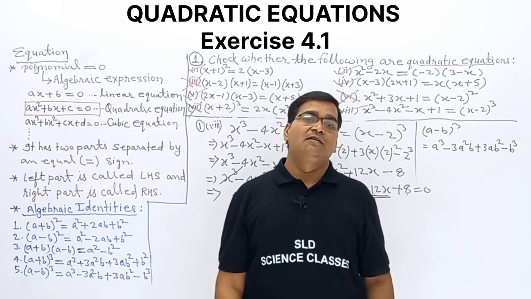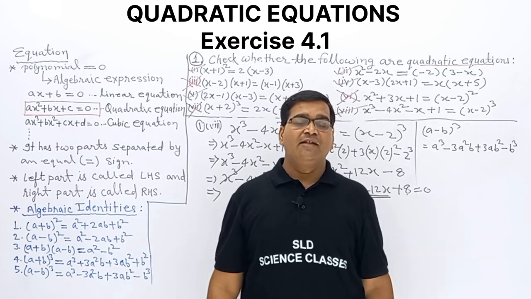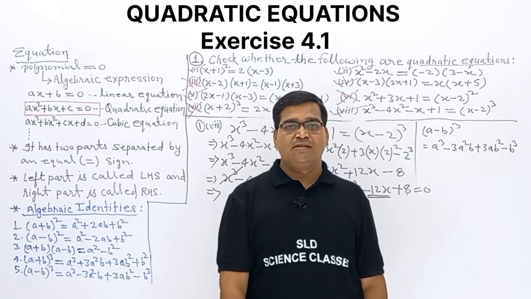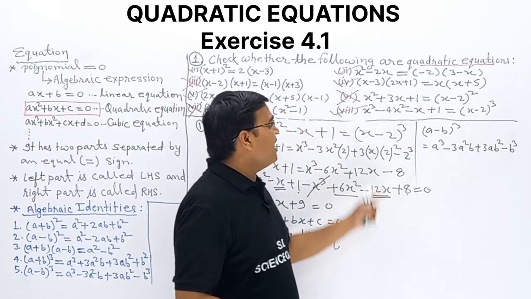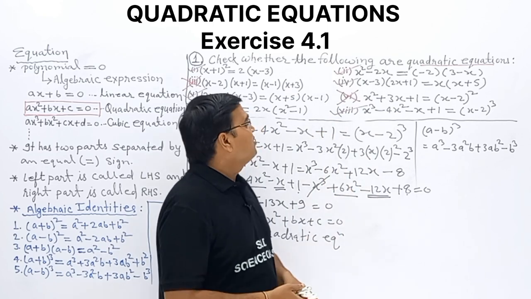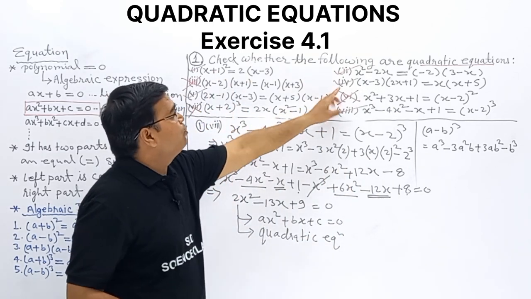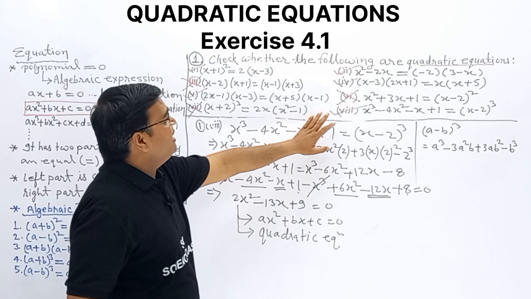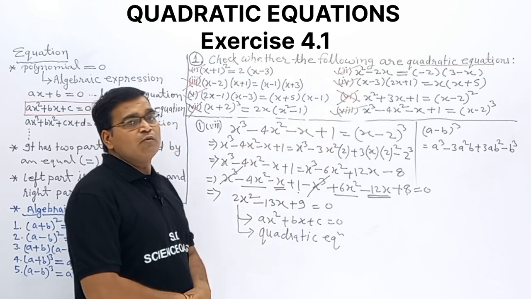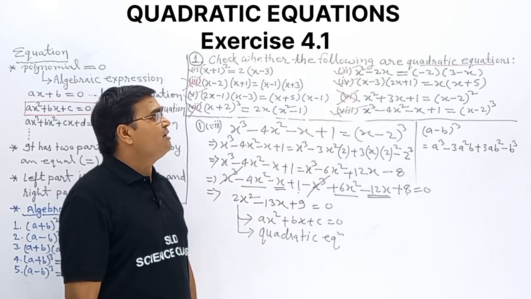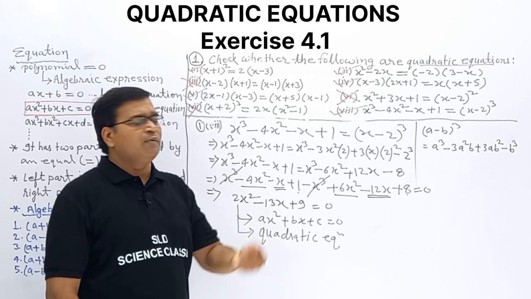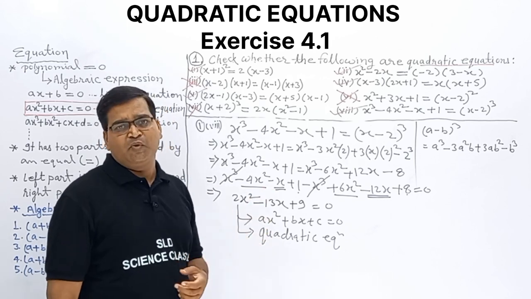Some are linear, some are quadratic, and some are cubic equations. 3 categories we are getting in all questions. So question number 1, 2, 4, 5 and 8 are quadratic equations. The remaining are linear, or one is cubic.